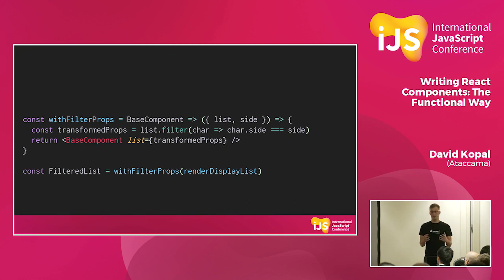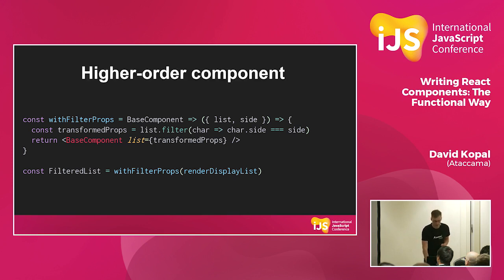So a higher order component takes a component and returns a new component that renders the passed one. In our case, what we did is that we passed the render display list to with filter props as the component, and we get back a functional component that renders the base component, which is our render display list.